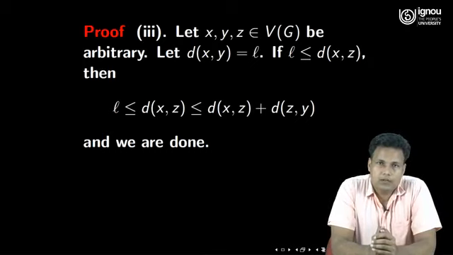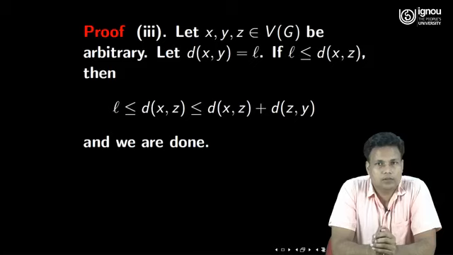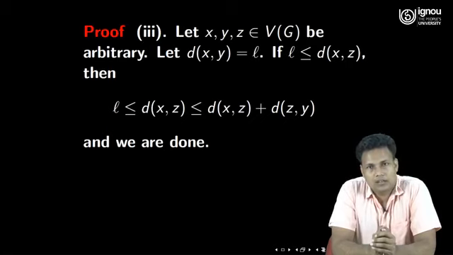So we pick 3 vertices x, y and z in the vertex set of G arbitrarily, and let us assume that the distance between x and y is L. Now if the distance between x and z is greater than or equal to L, then what do we have?